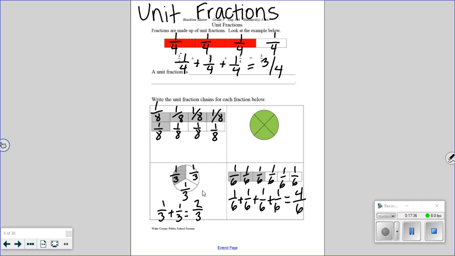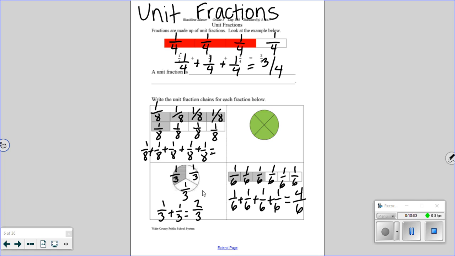I had 1, 2, 3, 4, 5 of them shaded in. Wow. So I've got 1/8 plus 1/8 plus 1/8 plus 1/8 plus 1/8.